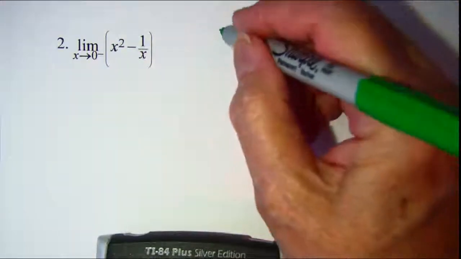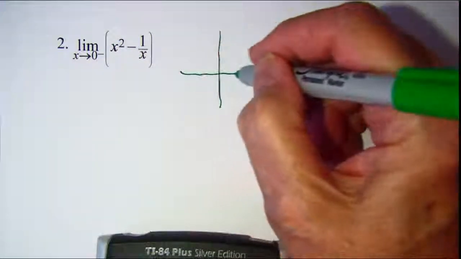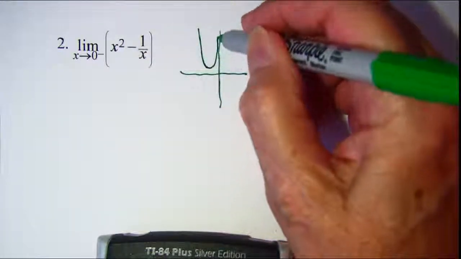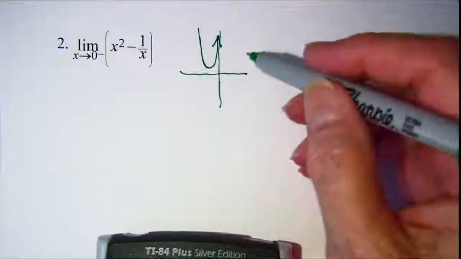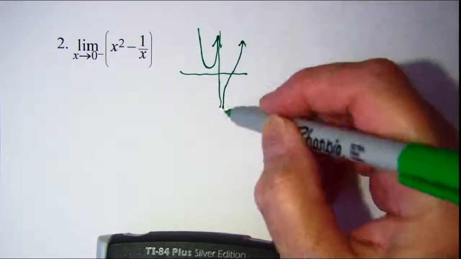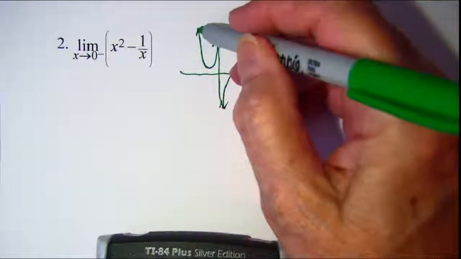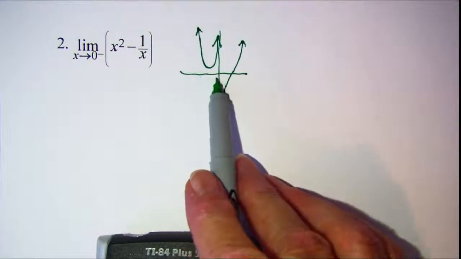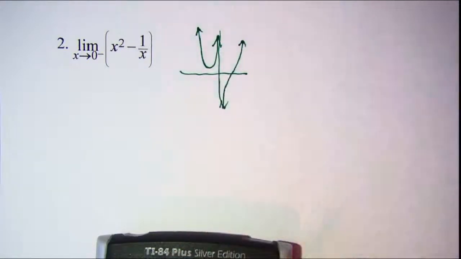So our graph would indicate that the limit as x approaches 0 from the negative direction will be a positive infinity.